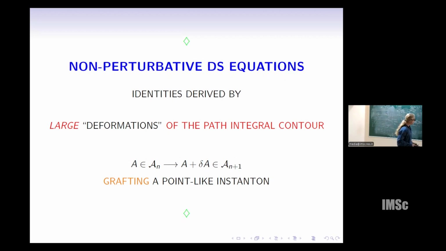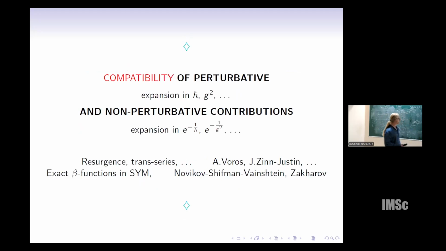So there is a connection between the space of gauge fields with instanton charge n and the space of gauge fields with instanton charge n plus 1. And so there might be some set of identities, some kind of recursive identities, which would involve the contributions of different instantons to the path integral.